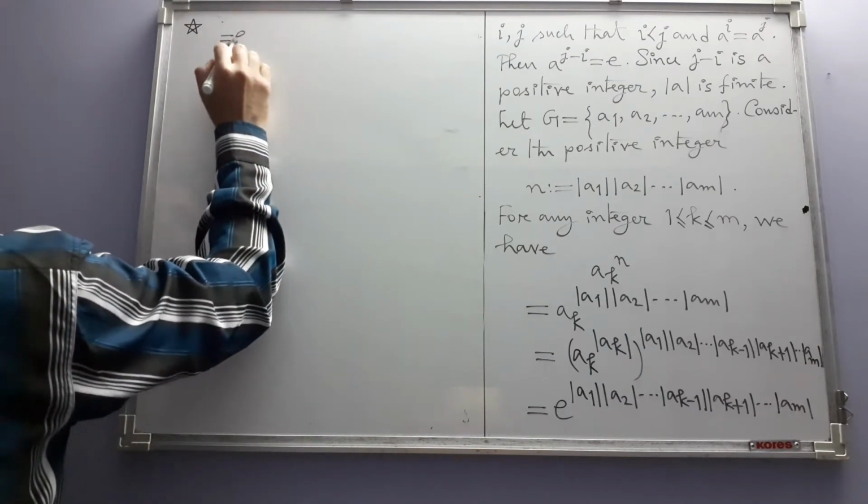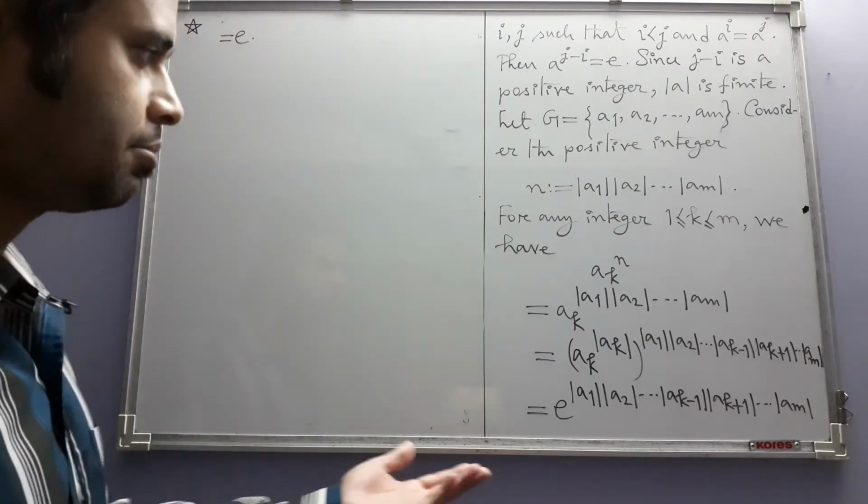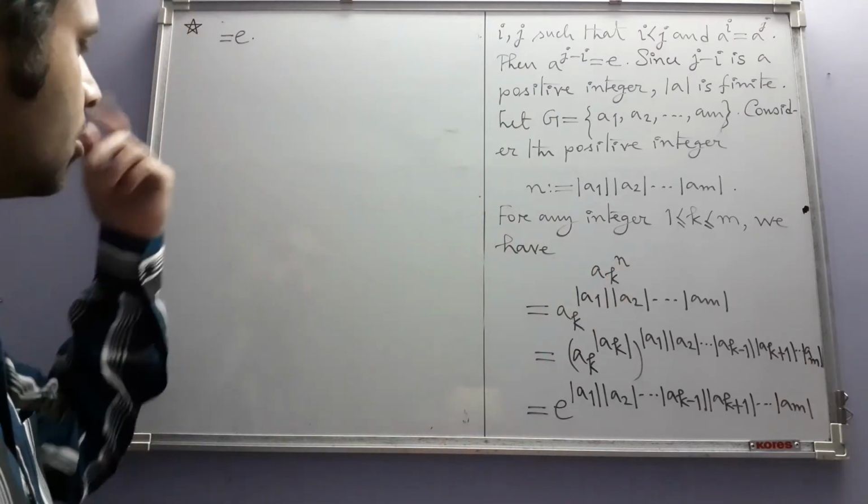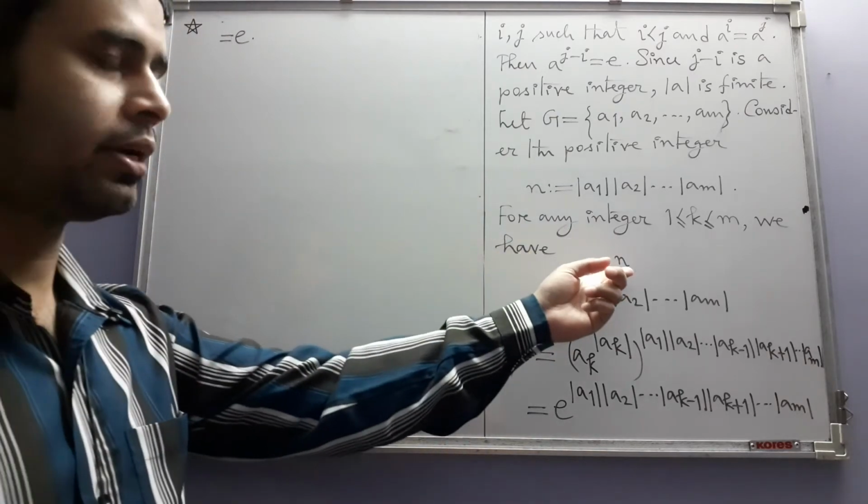So this is equal to the identity. That means the nth power of every element of G equals the identity, and this n clearly does not depend on the elements themselves.